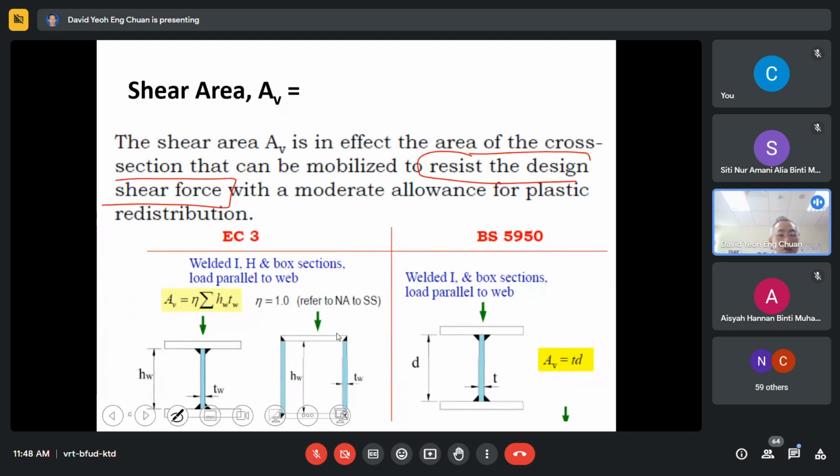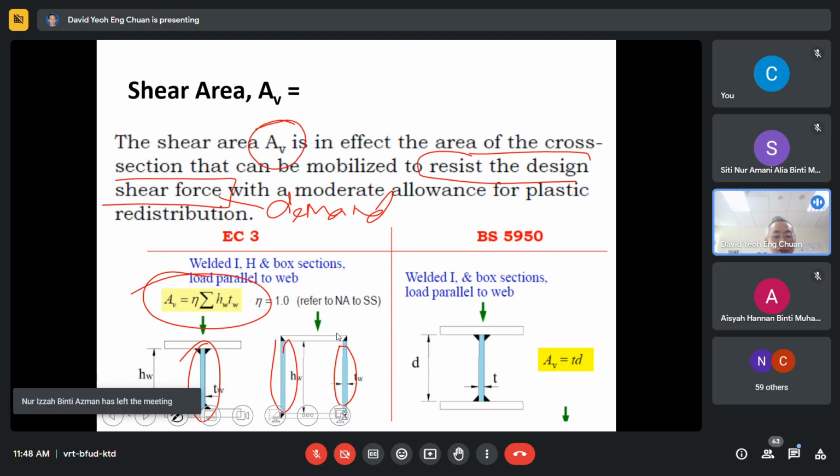The design shear force is your demand. So this shear area, the one in blue, that's your shear area. That's the calculation. So we need to identify what this shear area is and calculate how much.